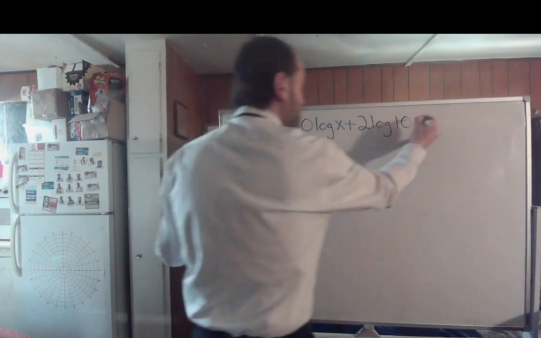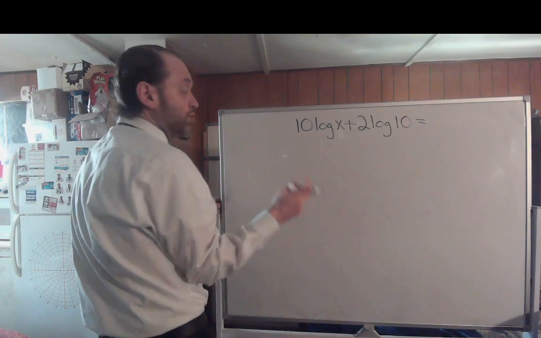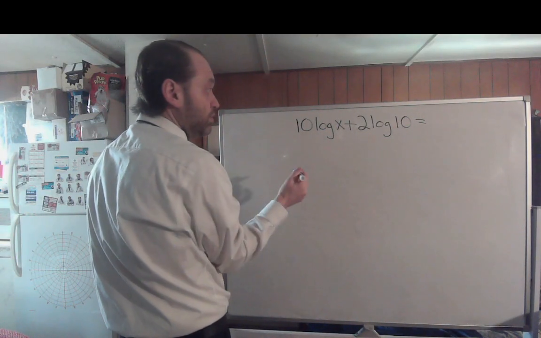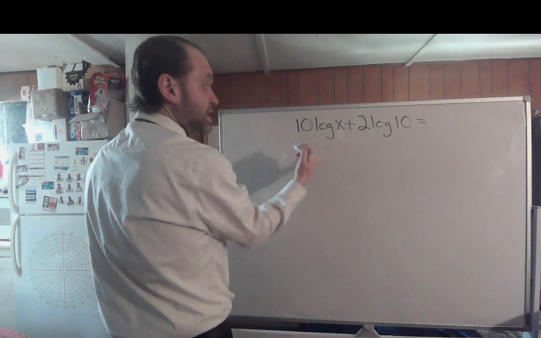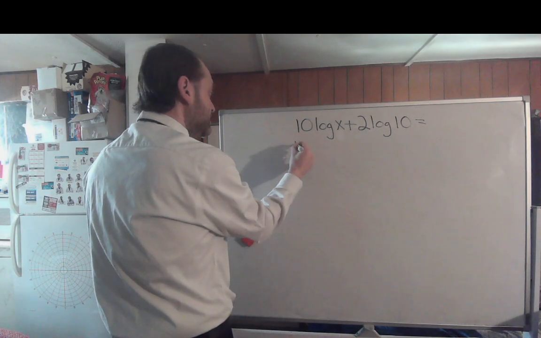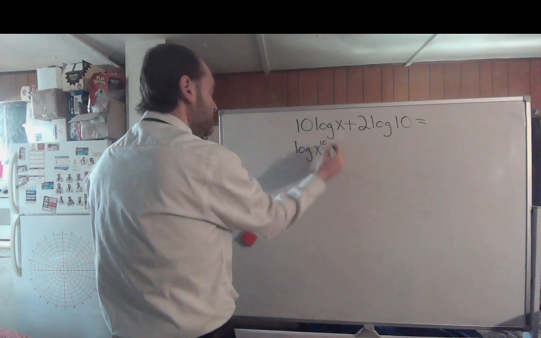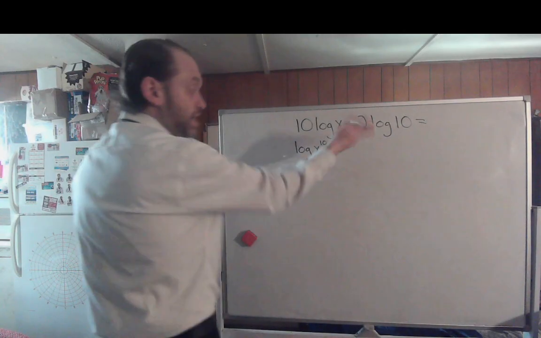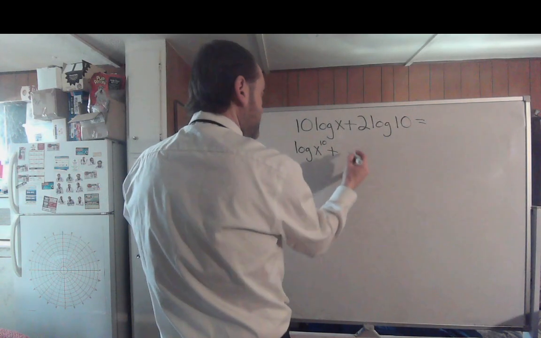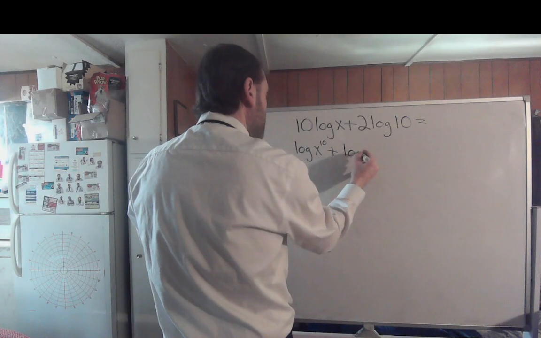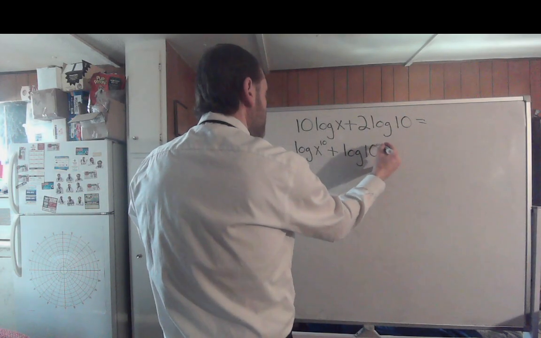Well, both of them really, we have a power rule. So for the first one, the 10 log of x, that would be the same as log of x to the 10th. And then the second one's also a power rule. This would be plus log of 10 to the second.